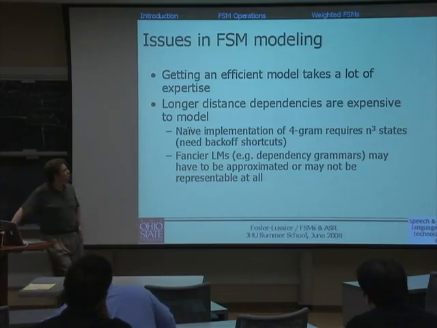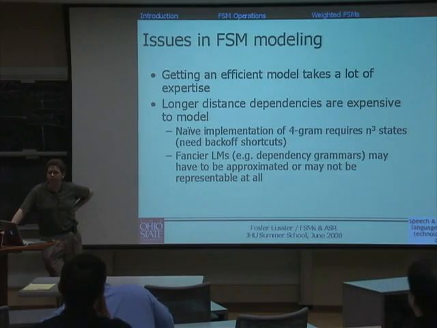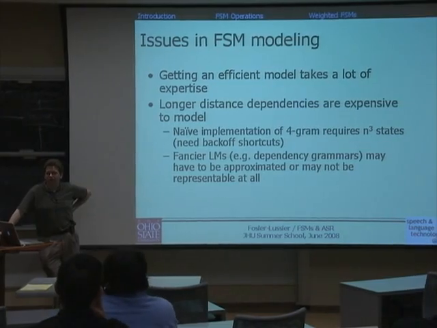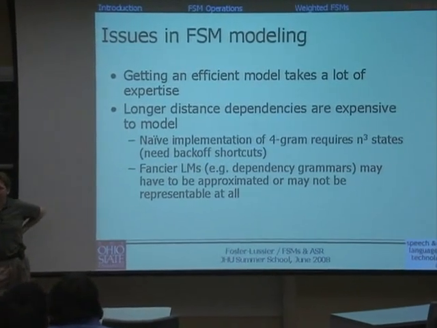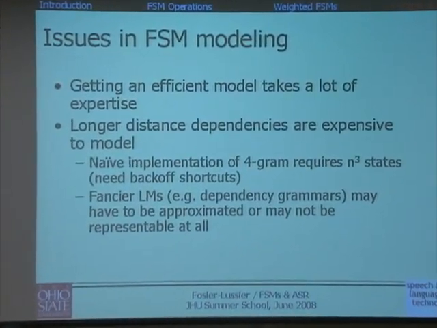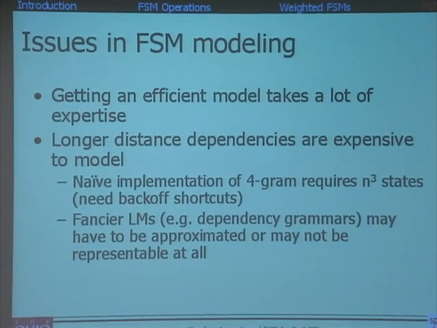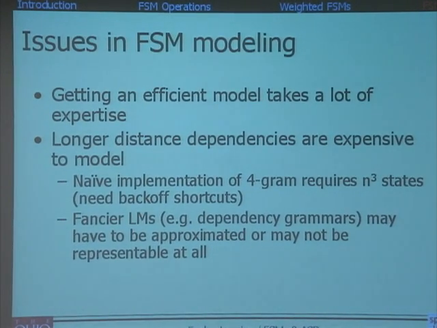So getting an efficient model is really the point, and it's going to take a lot of thinking about how to do it right. There's a lot of easy ways to do the dumb thing and make your system run out of memory really quickly. But if you can think about your problem a little bit, you can often scale things appropriately.